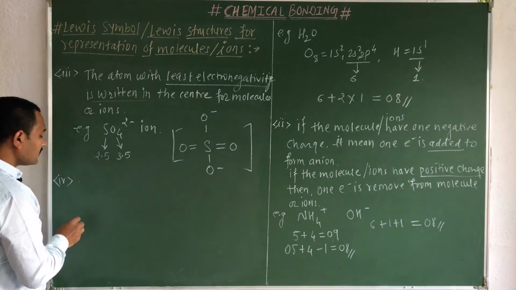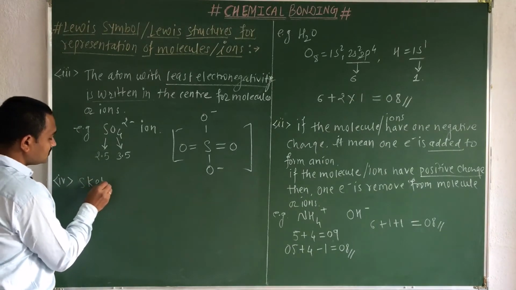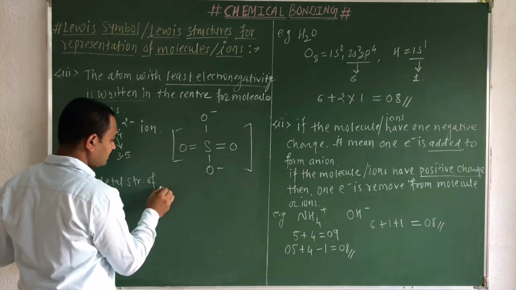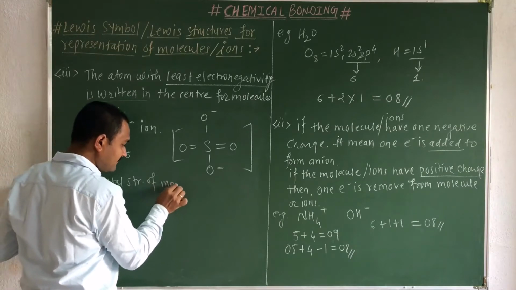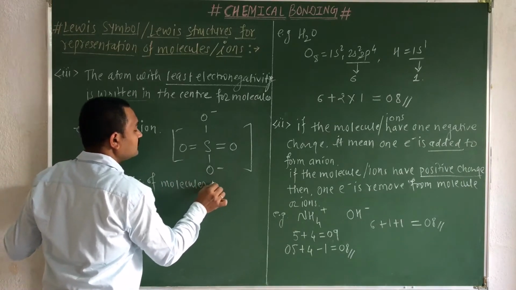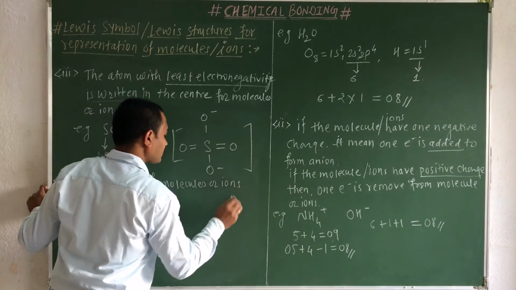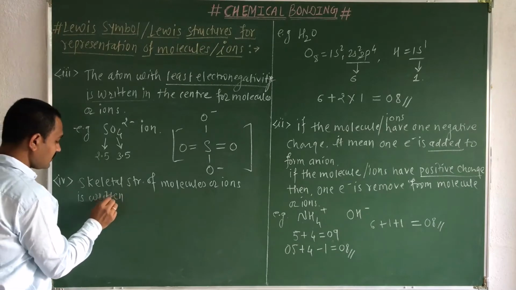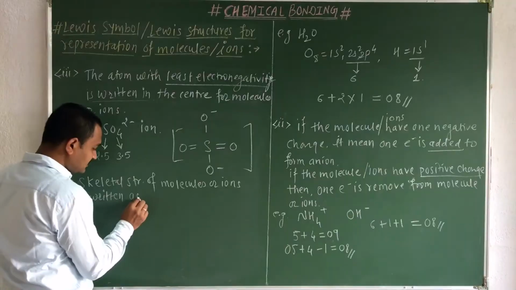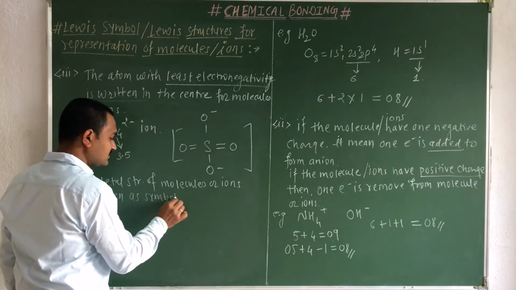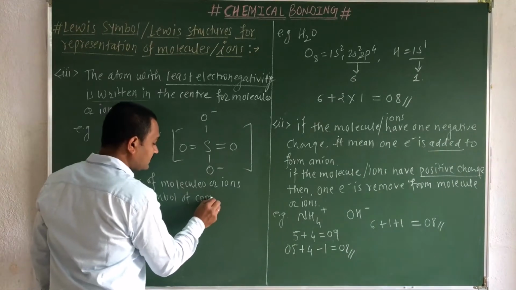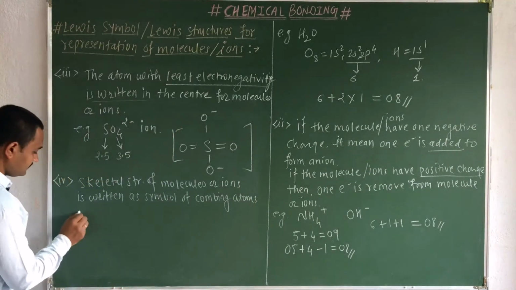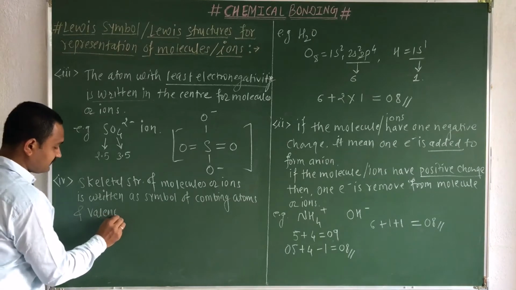Generally the skeletal structure of a molecule or the ions is written as a symbol of combining atoms and valence electrons.